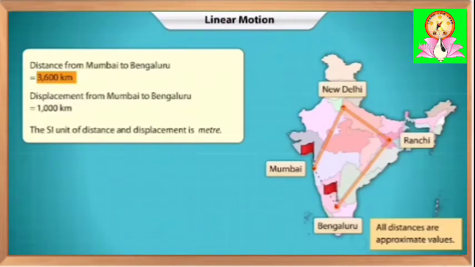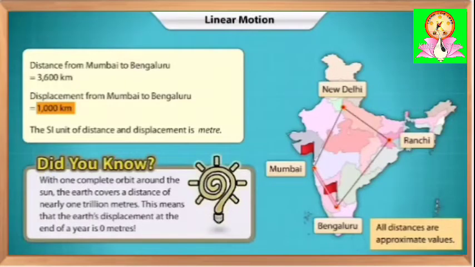Dear students, note that distance is a scalar quantity. It requires only magnitude, while displacement is a vector quantity. To express it, we require magnitude as well as direction. Did you know?